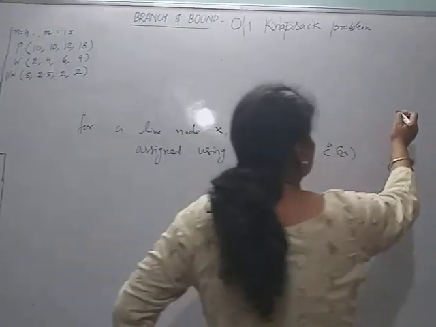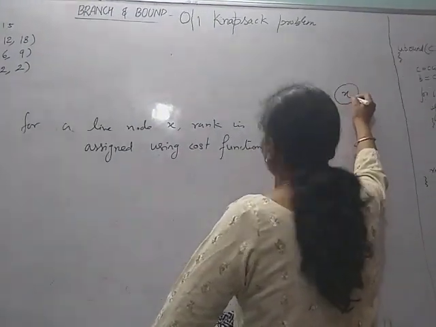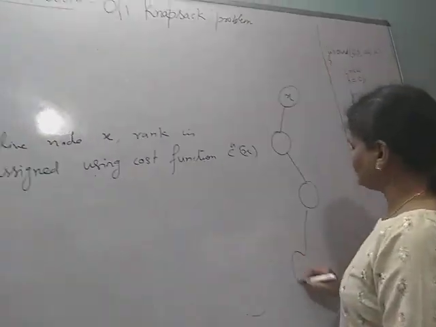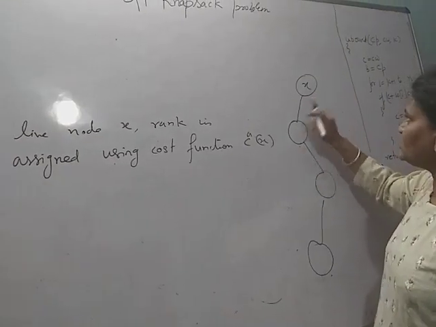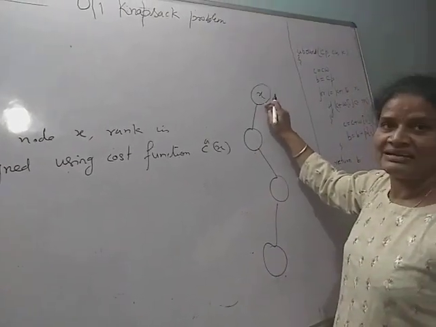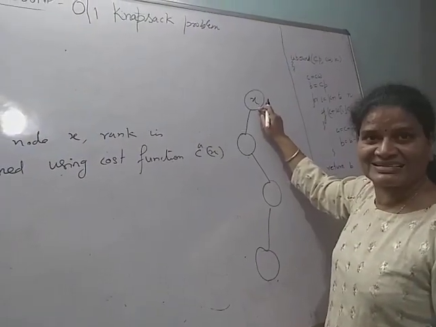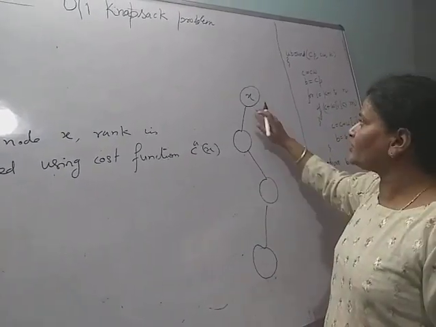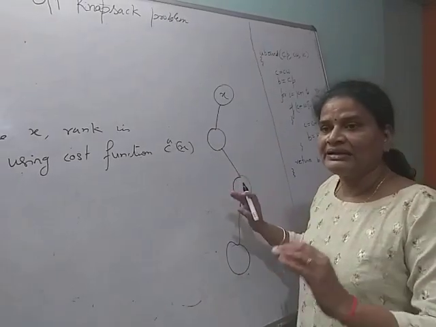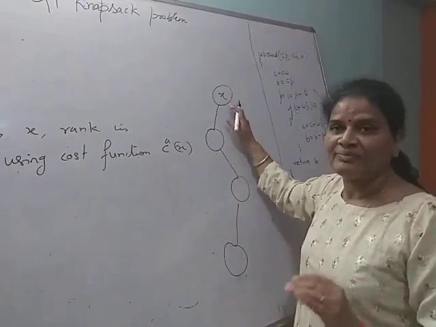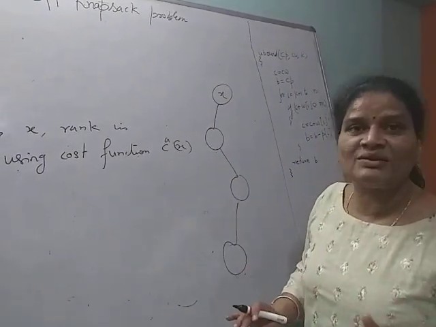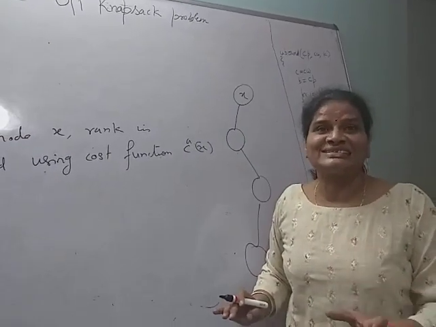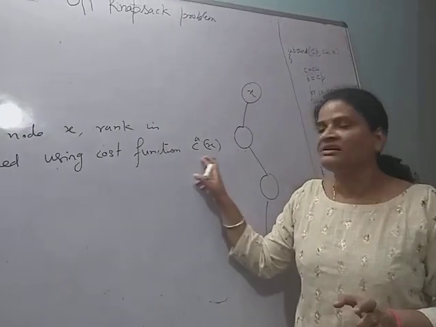For example, suppose this is the live node X, and this is the answer node. So I will assign to X the cost that is required to reach an answer node from the live node X, and the next E node will be selected with least cost function.